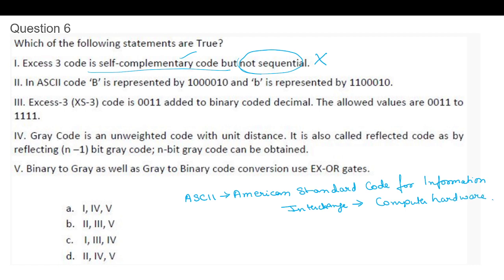There are some other codes, but this is a standardized code. So in 7-bit code, that is 128 codes, we have control codes plus some printable characters.